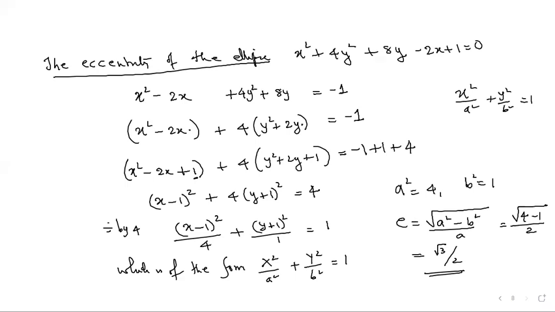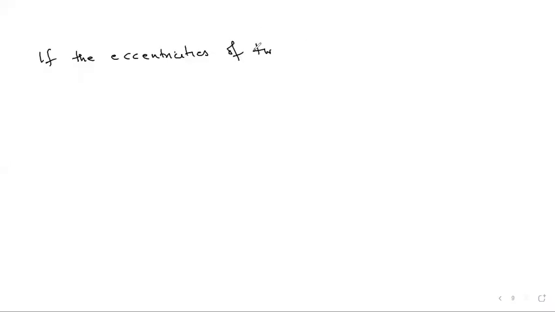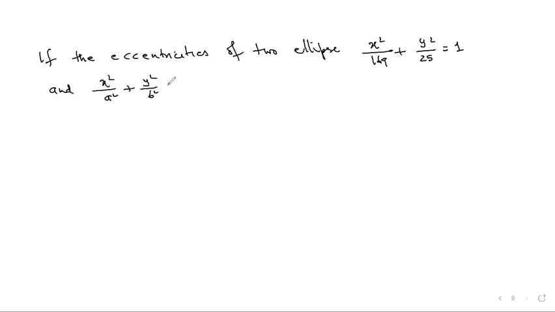I hope you understood properly. If the eccentricities of these two ellipses, which are x square upon 169 plus y square upon 25 equal to 1, and x square upon a square plus y square upon b square equal to 1, are equal, then find the value of a upon b.